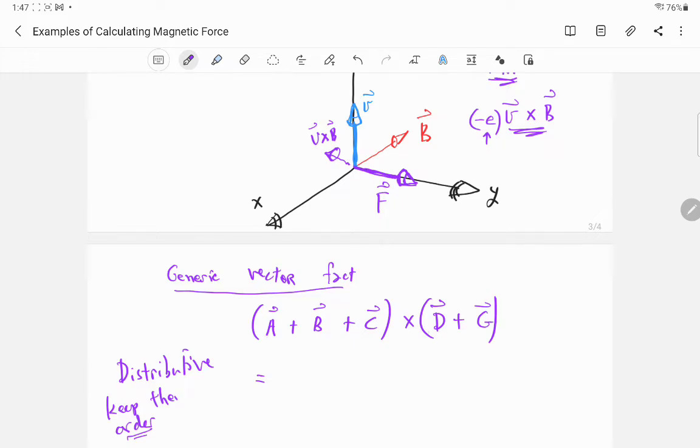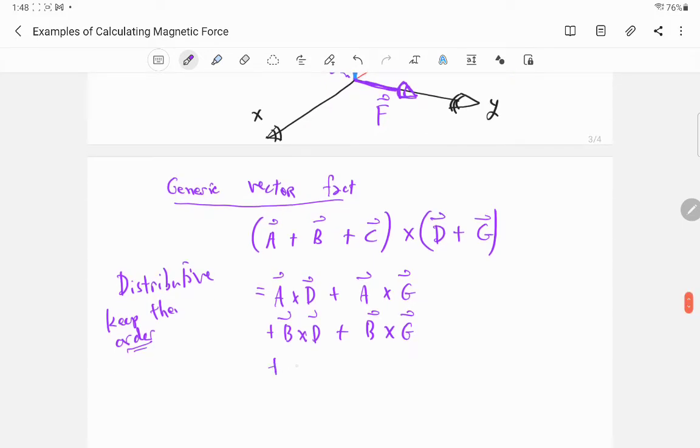So I'm going to go A cross D plus A cross G plus B cross D plus B cross G. Everything is a vector, plus C cross D plus C cross G. And notice that I kept the order.